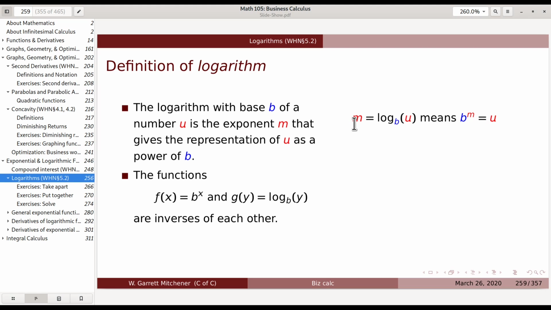In other words, m equals log base b of u means that m is the solution to b to the m equals u. The functions f of x equals b to the x and g of y equals log base b of y are inverses of each other. That's very important because it means that we will now have a tool to undo exponential operations.